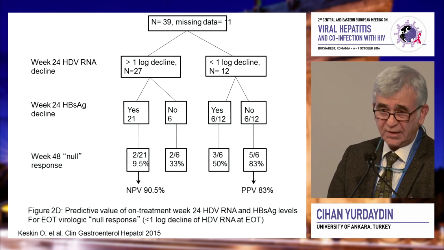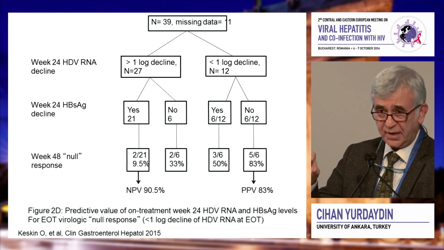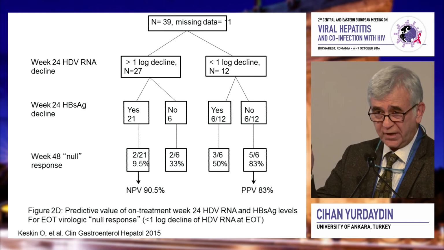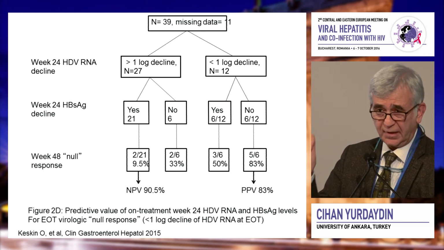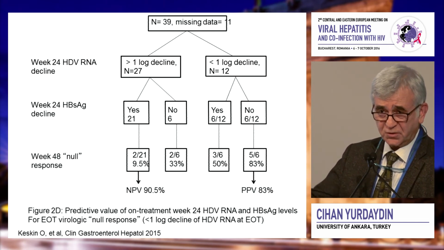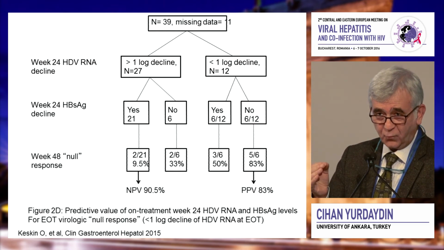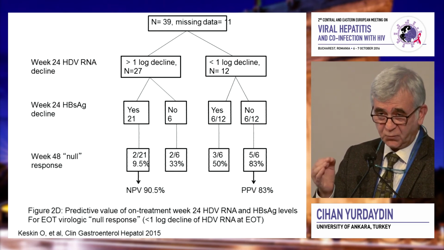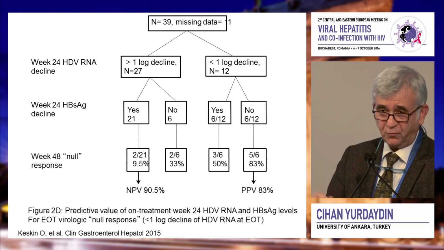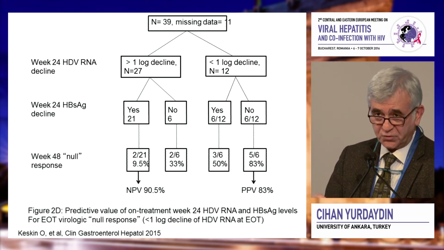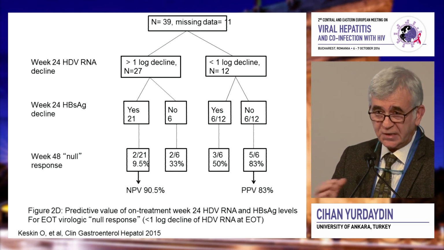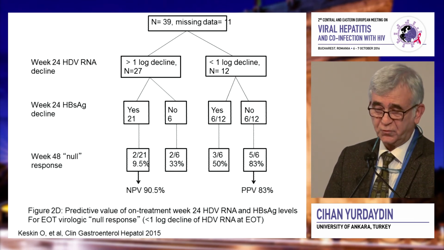And non-response cannot be seen as non-response at end of treatment, because of the patients who had a response at post-treatment month 6, half of them were HDV RNA positive at end of treatment in the HEDIT-1 study. So being HDV RNA positive at end of treatment is not equal to not responding to treatment.